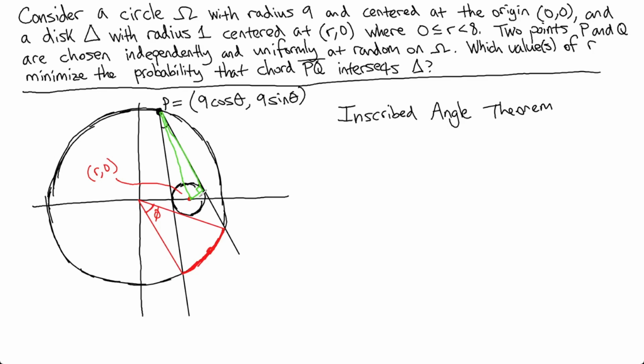That right triangle has sides of length 1 because the radius of the disk is 1, and this hypotenuse has a length that we'll go ahead and call d of r comma theta. It's a function in terms of r and theta, but we can determine exactly what that function is because it's just the distance formula using 2 points that we've defined.